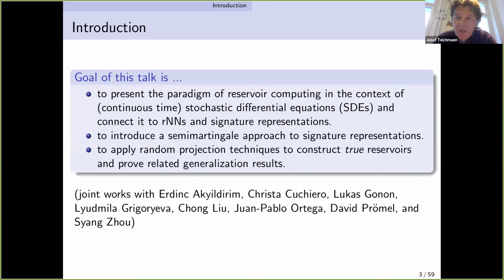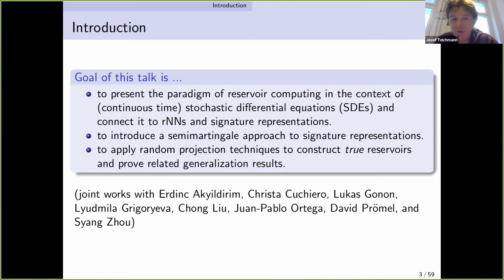Signature refers classically to iterated integrals of continuous time, continuous finite variation paths. And I would like to add relatively recent results which we have obtained in the case of semi-martingales. So these are paths with jumps, typical paths of semi-martingales. And finally, I will apply random projection techniques in order to construct what we call true reservoirs and also to talk about the related generalizations.